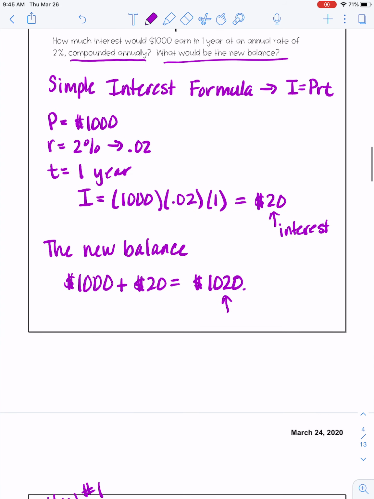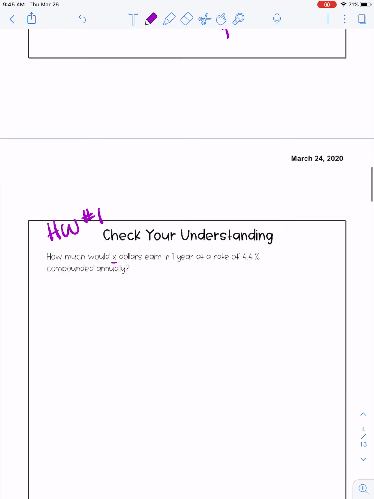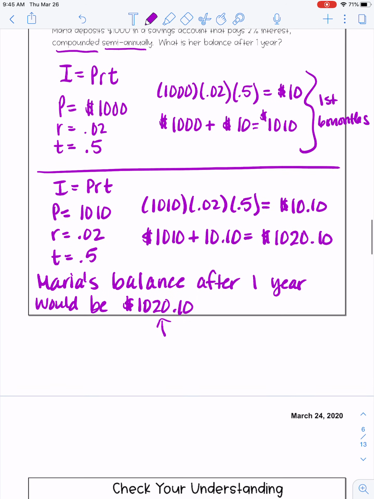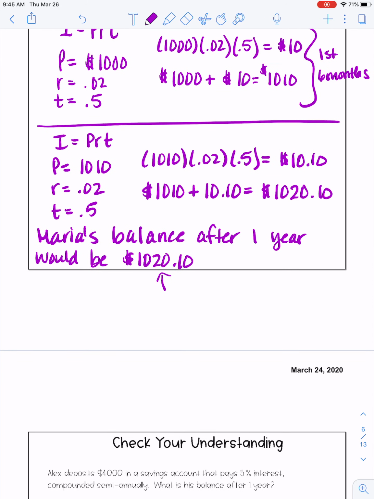When we compounded it one time a year, it was $1,020. But when I compounded it 2 times a year, there was an extra 10 cents. I know you think, oh, 10 cents isn't a big deal, but over time that money keeps growing, and you end up with more money. So compounding more frequently is a benefit, right?